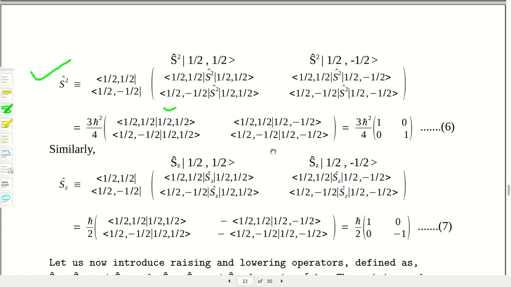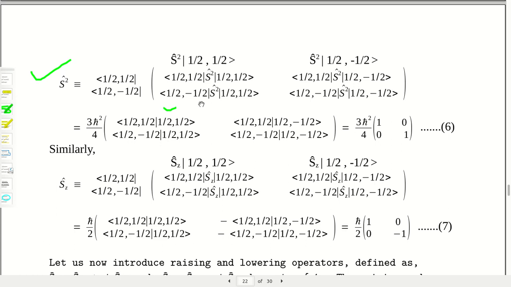The first term is 1 and the last term is also 1, but the 1 2 element and 2 1 element are 0 because they are orthogonal to each other. So 1 0 0 1 is the matrix representation of the A squared operator, and the question is Pauli spin matrix.